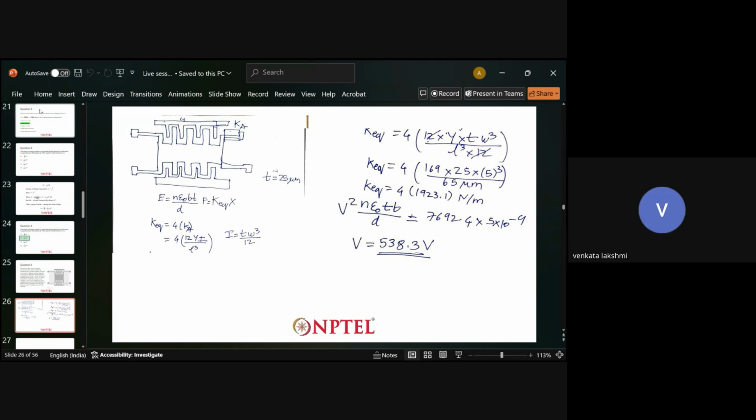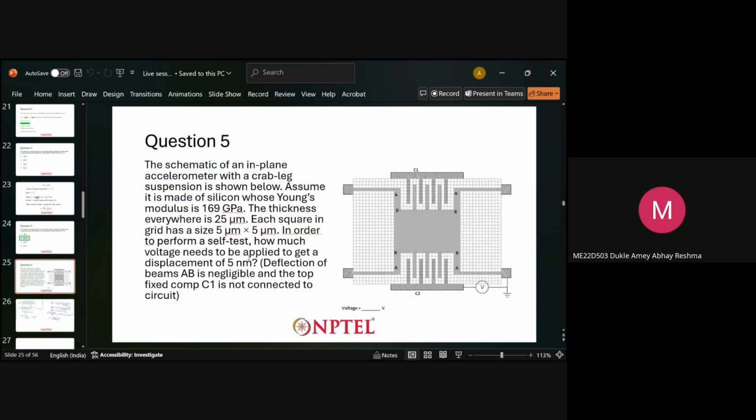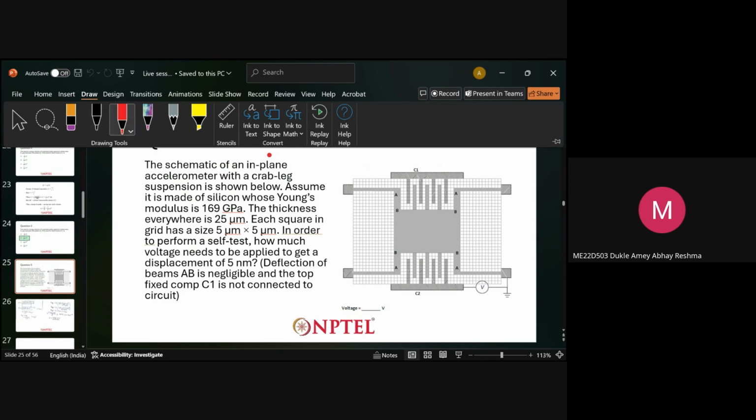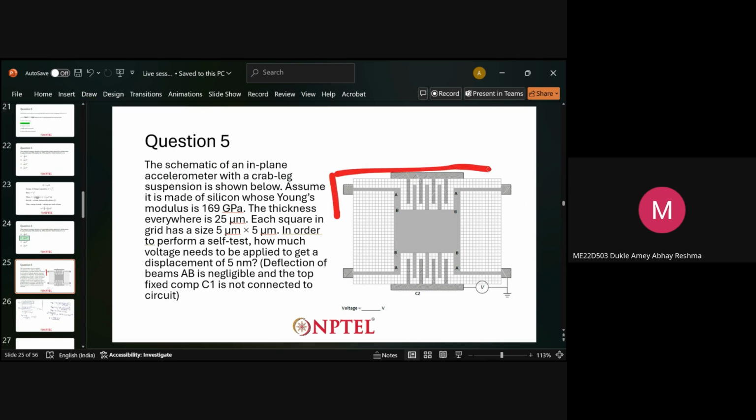So basically, you have to read the question here. In order to perform the self test, C1 is not connected to the circuit. So the upper side, you have to ignore. I'll just draw it out here. We are not connecting that.